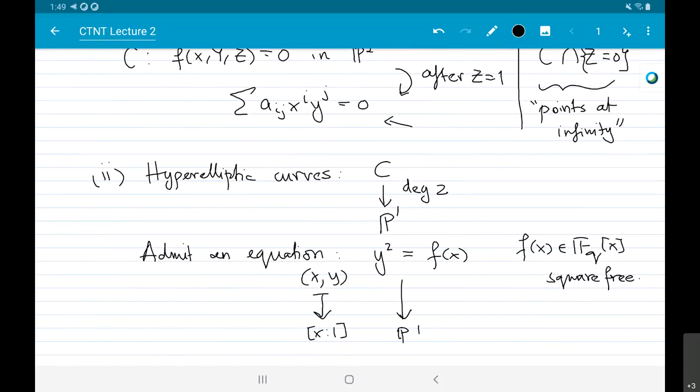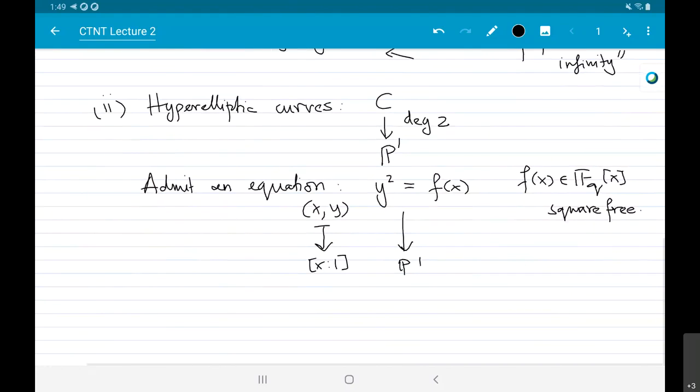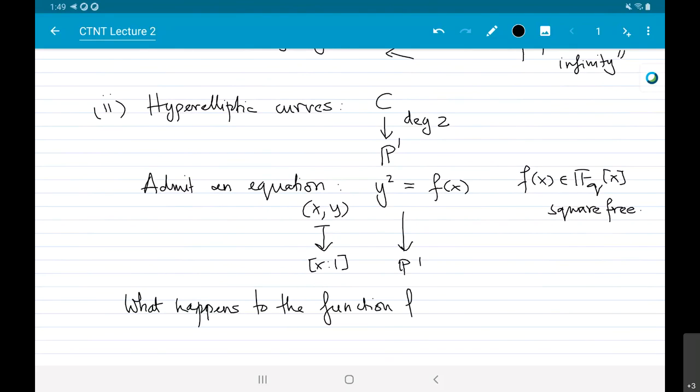Okay. So it might be useful for us to dwell on this a little bit and look at what happens to the corresponding extension of function fields. So what is this induced map?